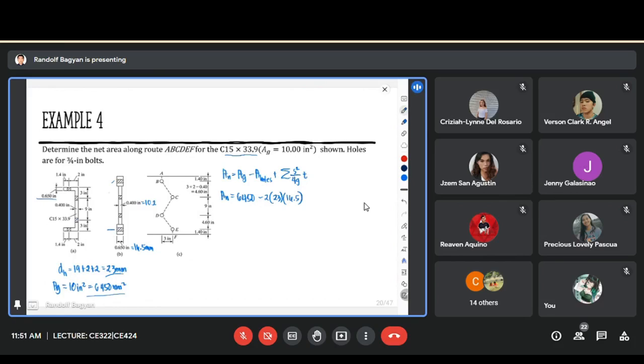That is the top and bottom holes. Minus, two again, the two holes in the middle: 2 by the diameter of our hole, 23, by 0.4 inch, 10.2 mm. Okay, plus the effect of our stagger.